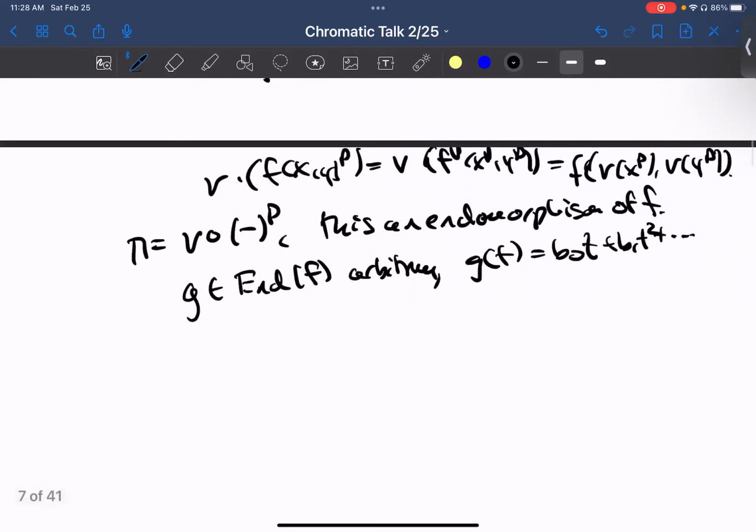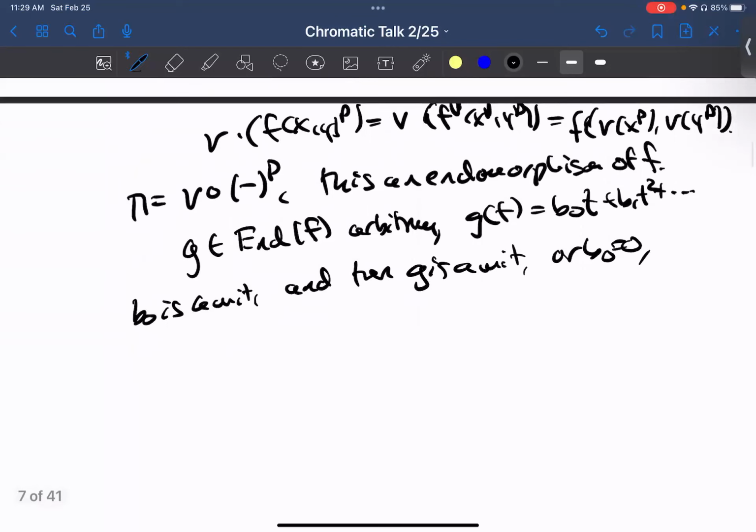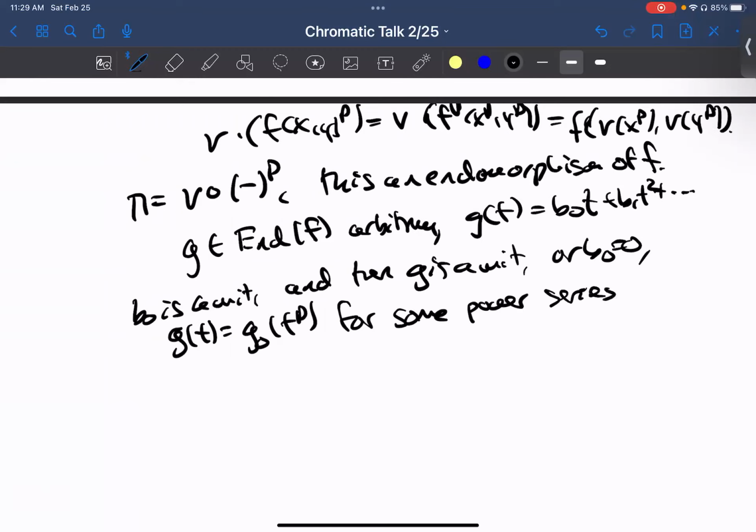And so either b0 is a unit, and then G is a unit, or b0 is equal to 0. And if b0 is equal to 0, then G of T is G0 of T to the p for some power series G0, as we've seen before.